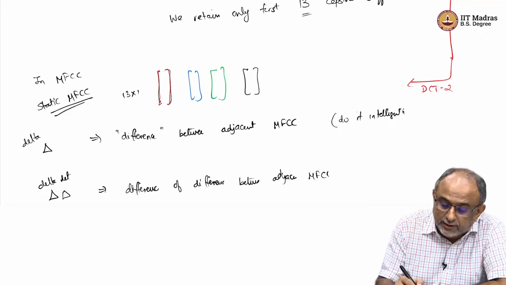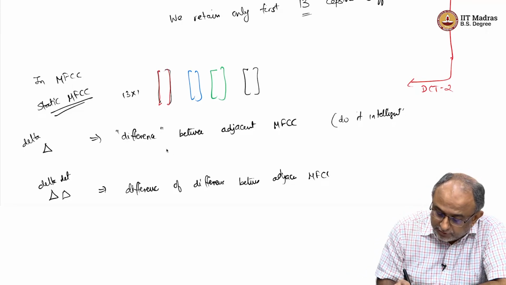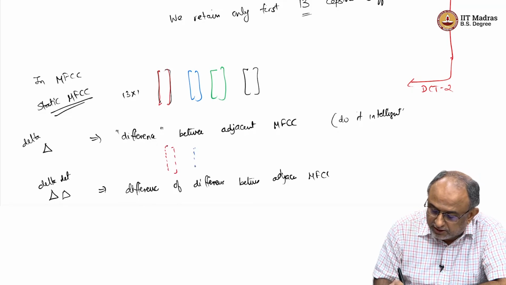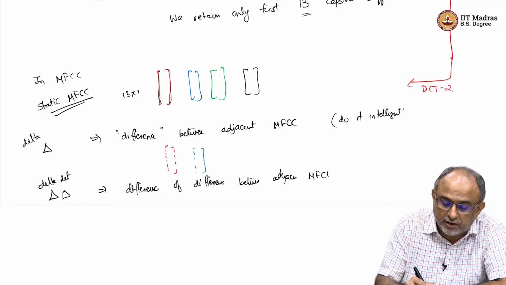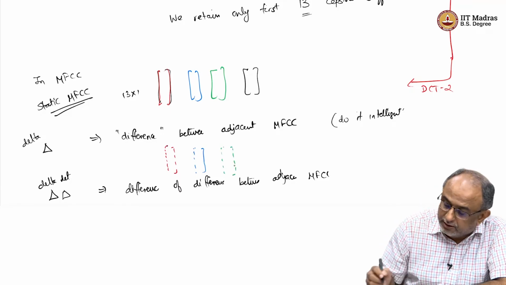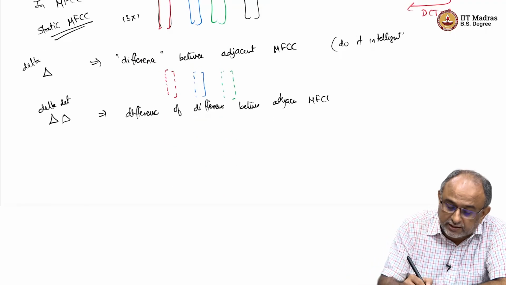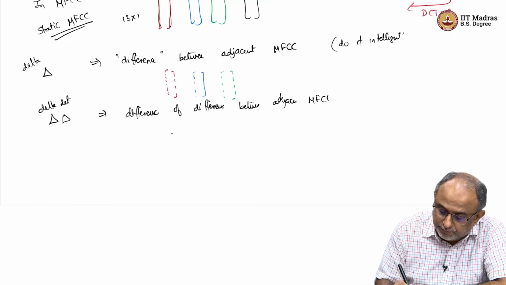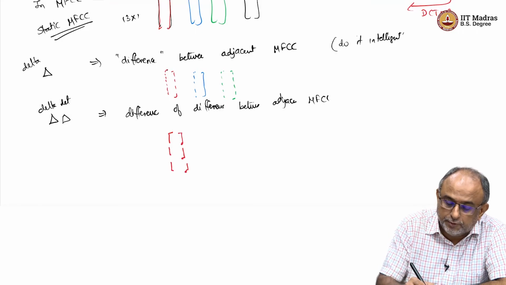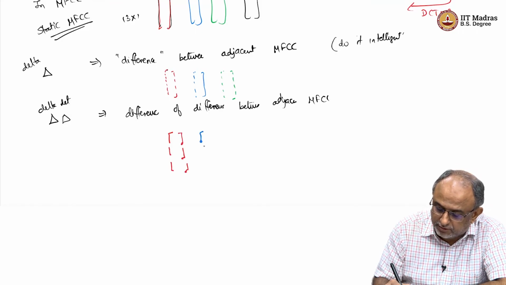So you will get the delta, and then you will get the delta-delta, slightly different vectors like this.